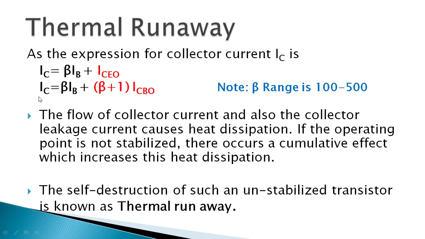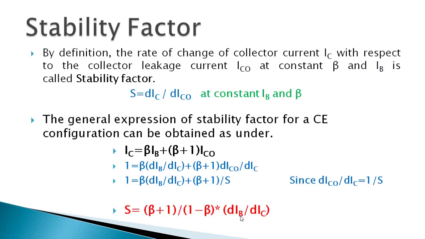If the junction temperature increases, again ICBO will increase. This process is cumulative, so that the transistor will burn out. The self-destruction of such an unstabilized transistor is known as thermal runaway. So we have to compensate this temperature effect.